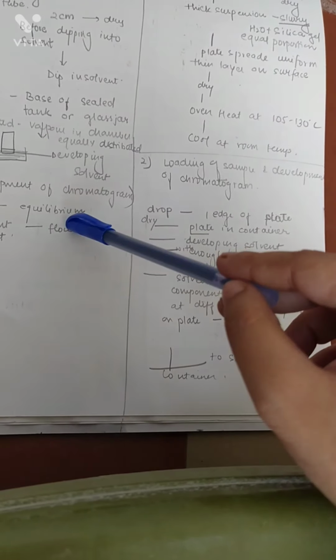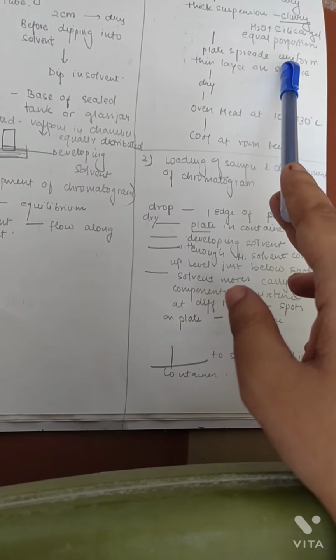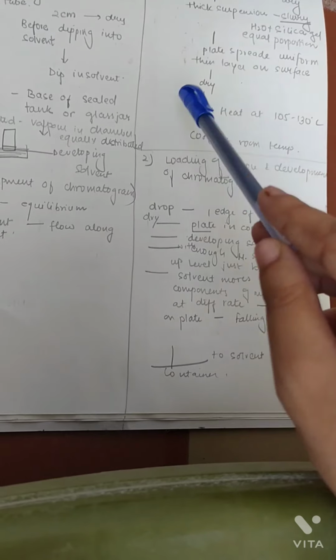Now the loading of the sample and the development of the chromatogram would be similar to paper chromatography. The only difference is in the stationary phase: instead of paper we are using the silica surface.